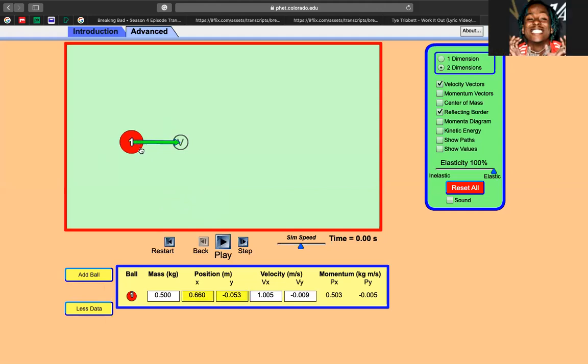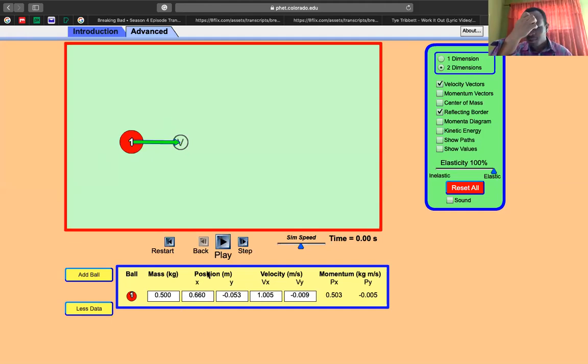Now, mass is 0.5 kilogram, right? I want somebody to calculate this for me now. The mass is 0.5 and we are moving with a velocity of 1. What is our momentum here?